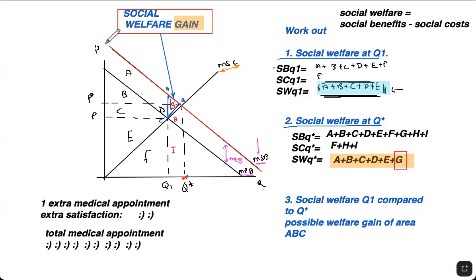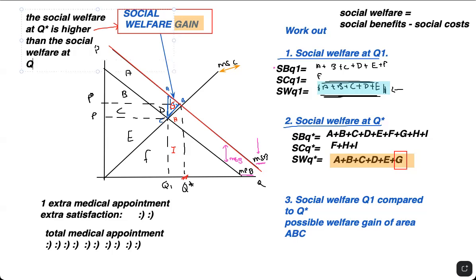So that's all that this social welfare gain area is trying to tell you, that the social welfare at Q star is higher than the social welfare at Q1 by area G, where I labeled it as the triangle, so the G triangle.